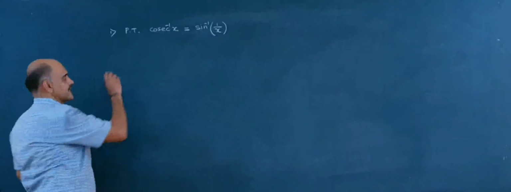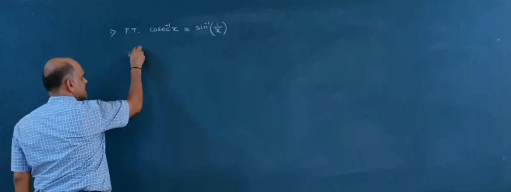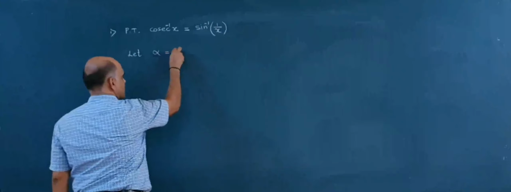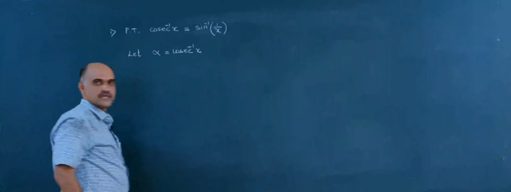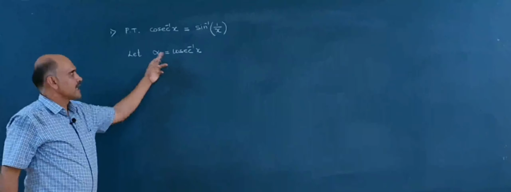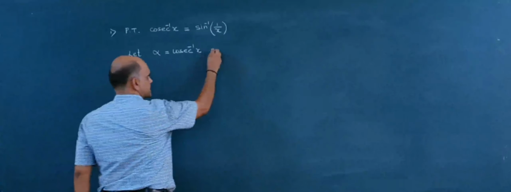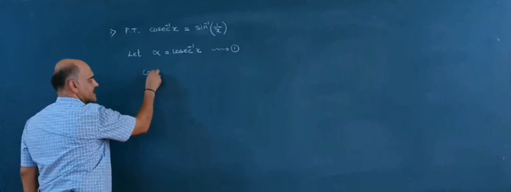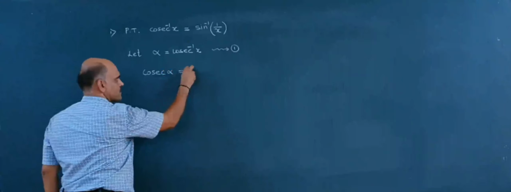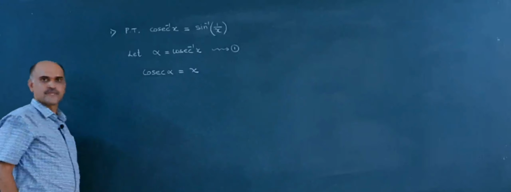So first I will take LHS. Let alpha is equal to cosec inverse x. So cosec I will take to the LHS, so I will write this as 1. So I will have cosec alpha is equal to x.